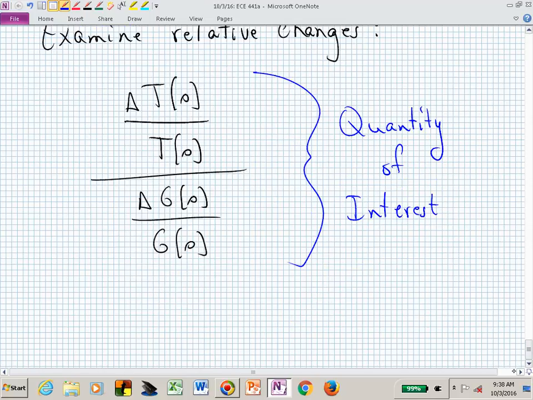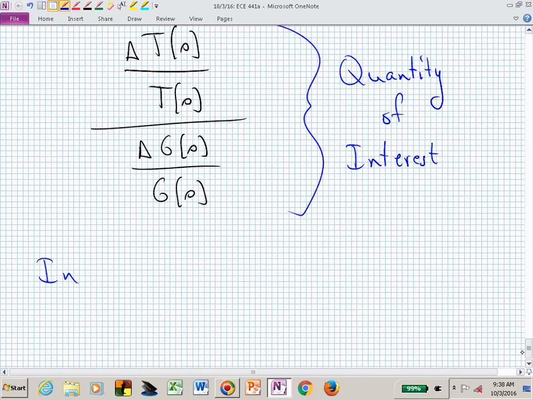But you know, after all of your calculus, that we don't really like talking about deltas as much as we like talking about differentials or small changes. And we want to now look at that quantity of interest in a differential setting.